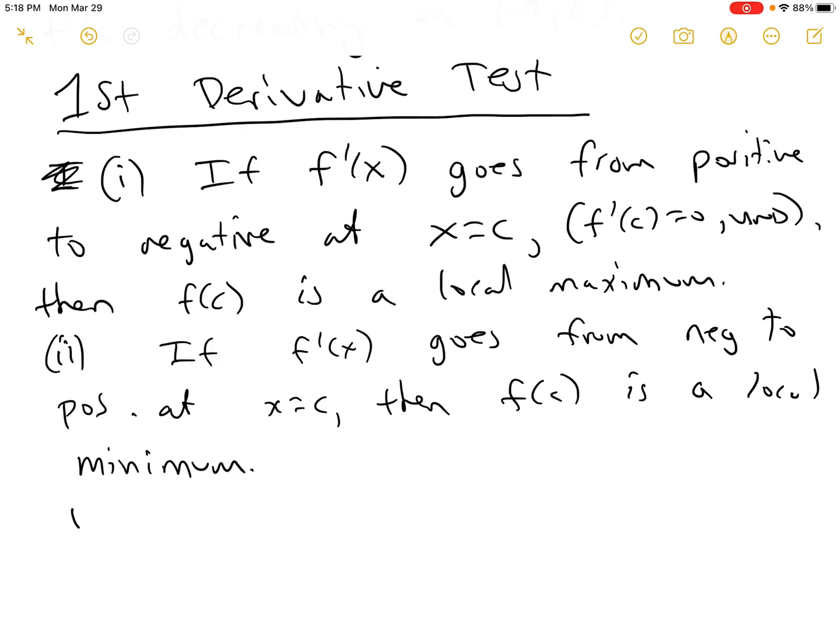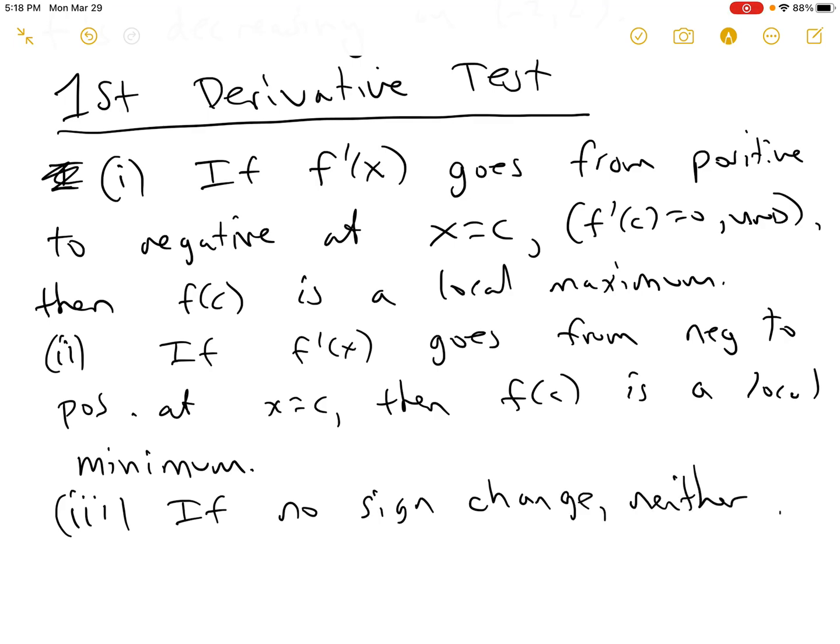And if there's no change, well, then it's neither. Could be something else. A lot of times it turns out to be what's called an inflection point, which we'll leave for later this week.